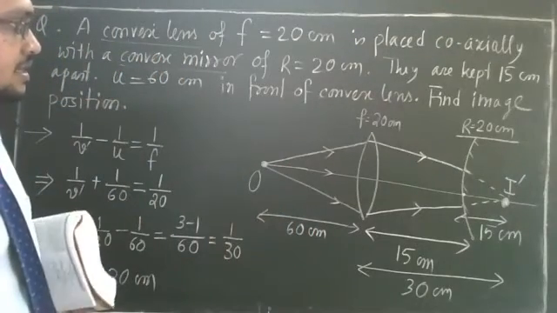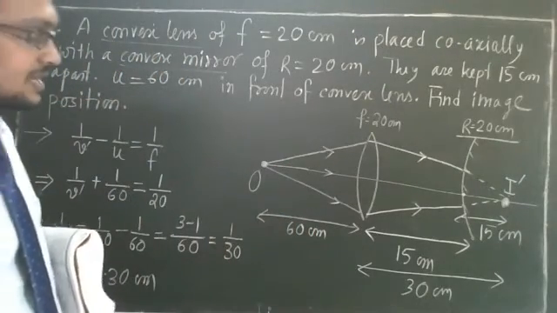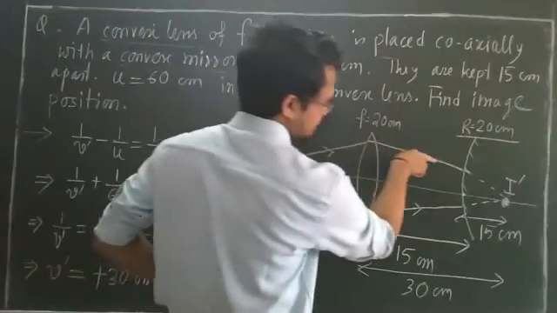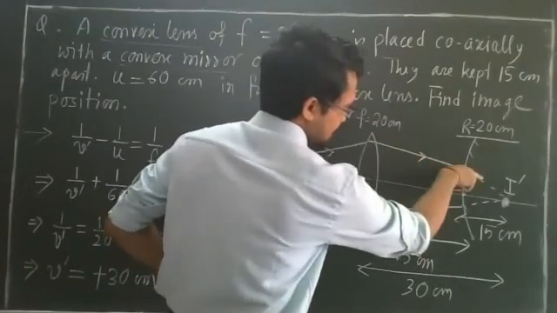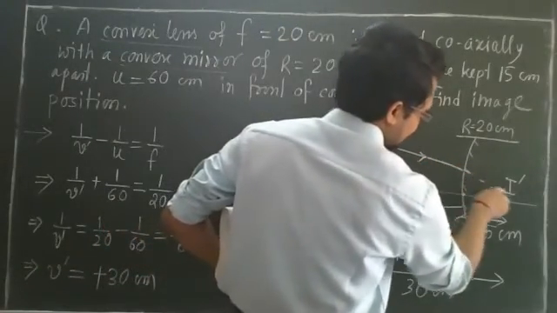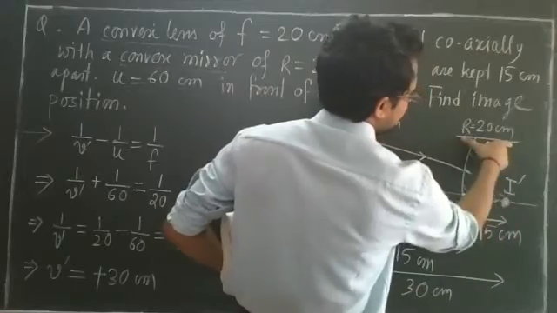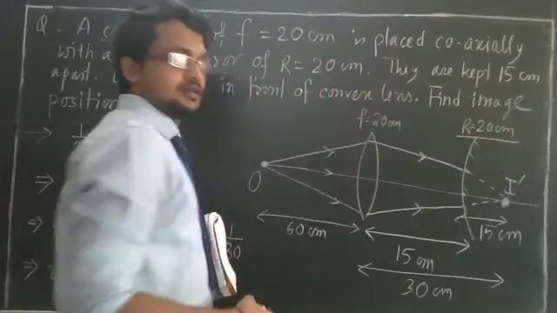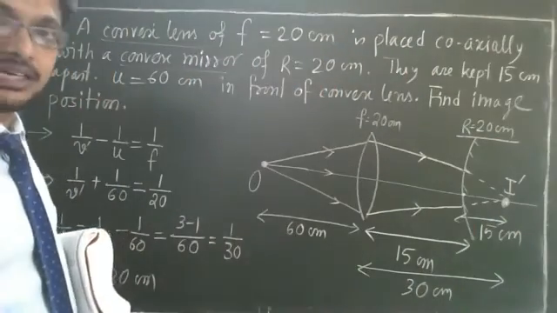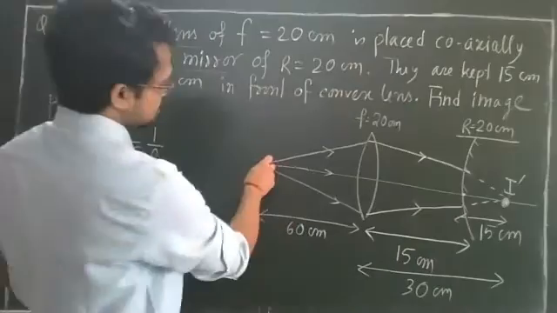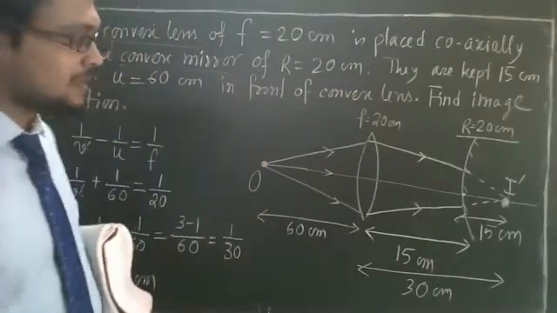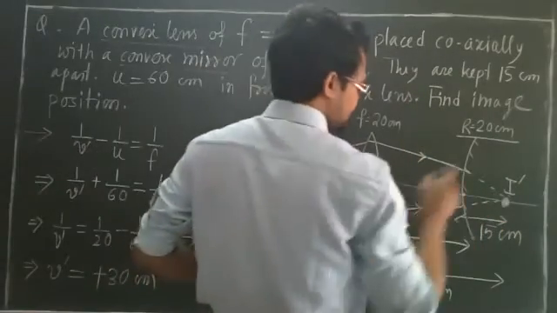You will watch that video and you will understand. If rays are falling normally, then the rays will meet at a distance of 20 centimeter. Normal incidence means it will reflect along the same path. But here it is not 20, it is 15.